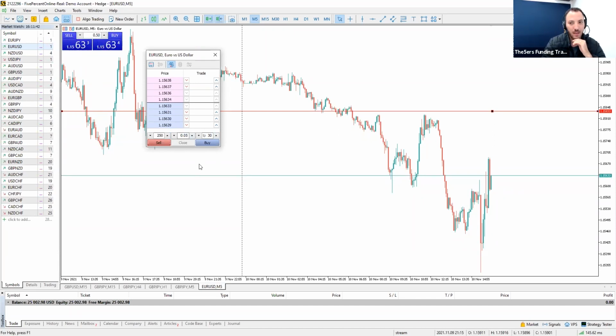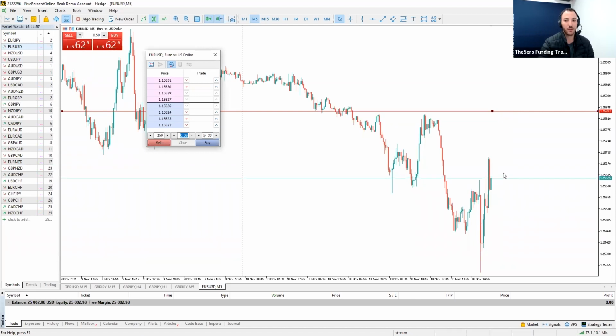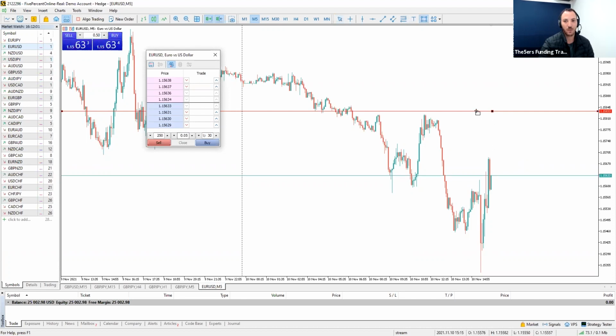I'm going to trade up to 10 five micro lot trades, which is the same risk as taking the full half lot. And I'm going to try to trade all around this area from where price is right now up until my stop line. And I'll try to get into better and better entry points.